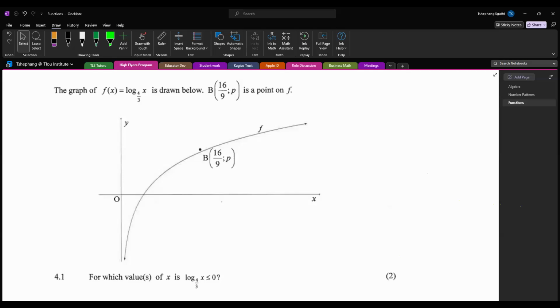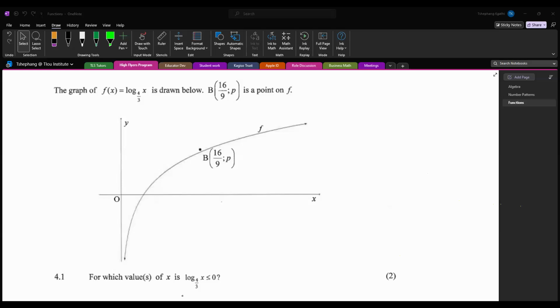Okay, now, first question. For what values of x is the log graph less than 0? Now, what does that even mean? I always want to analyze the graph and understand what the question is saying. For what values of x is our graph less than 0?